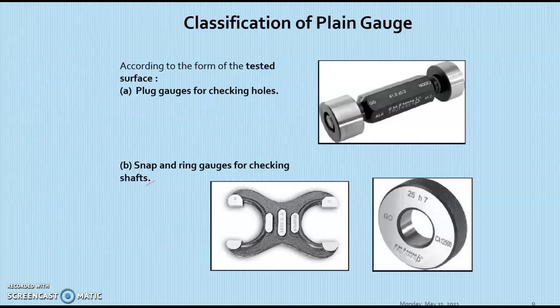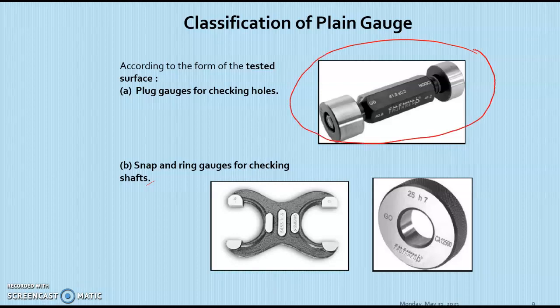Here it shows images of various kinds of plain limit gauges. First is the plug gauge, which is used for checking the dimension of a hole. We can see that the go end is marked like this and the no go end is marked like this.